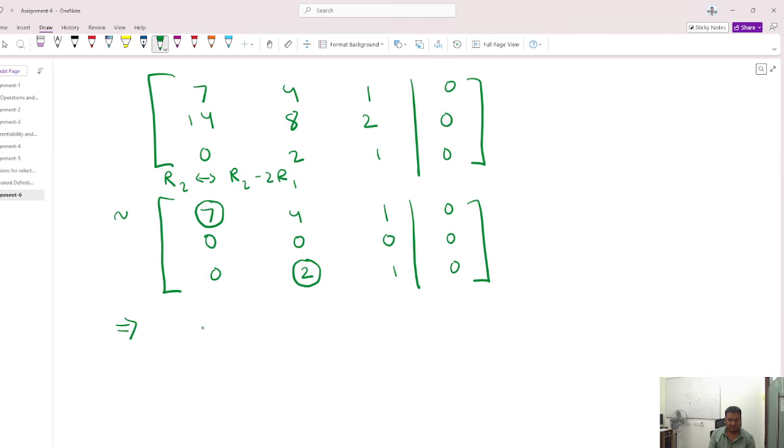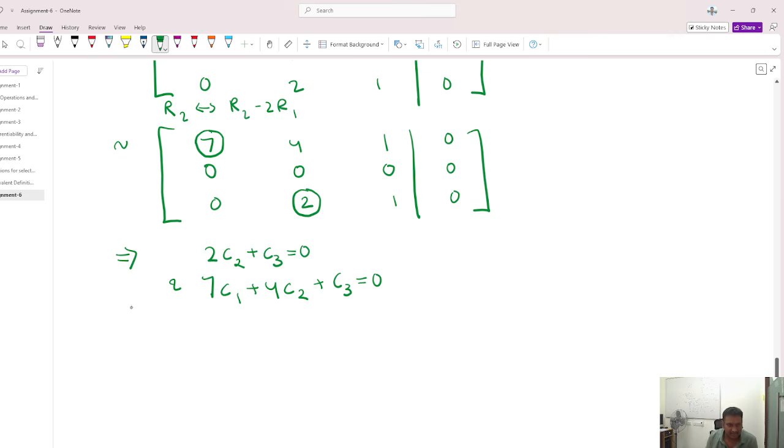So what you get from here, guys? From here you get 2c2 plus c3 is 0. And if you want to simplify it further, you can do that to simplify the calculations. 7c1 plus 4c2 plus c3 is equal to 0. Okay, well, what this implies, let us see.